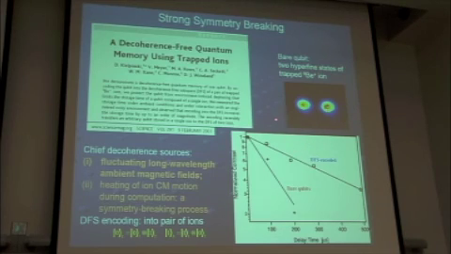Okay, so 2 beryllium ions, and the physical qubits here are hyperfine states of each ion, and the sources of decoherence are 2, primarily. One is fluctuating long wavelength ambient magnetic fields. So if you know how an ion trap experiment works, you have these Paul traps that have these lengthy electrodes, lengthy relative to the distance between the ions, and provide electromagnetic confinement.